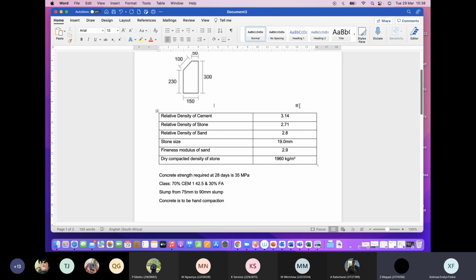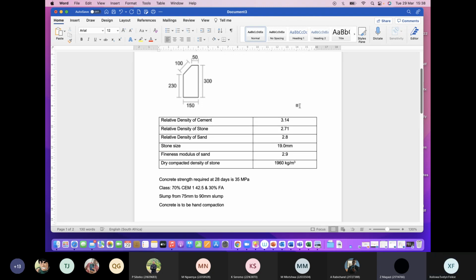I was asking about the length of the curb because there are two dimensions here. What do you mean? Volume is height times base times length, right?